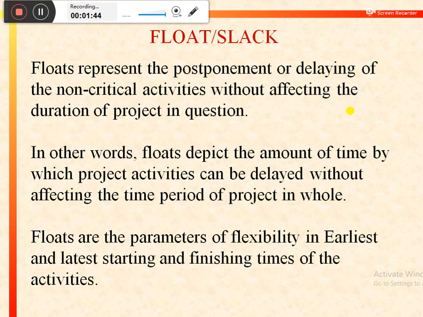Generally, the floats are the parameters of the flexibility in earliest and latest starting and finishing times of the activities. So, in its simplest form, a float shows the amount of time by which a particular activity can be delayed without affecting the duration of the overall project.